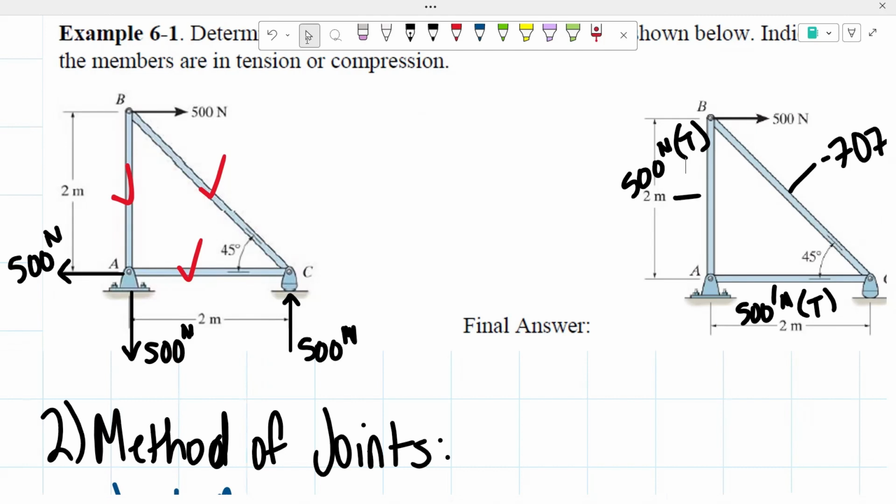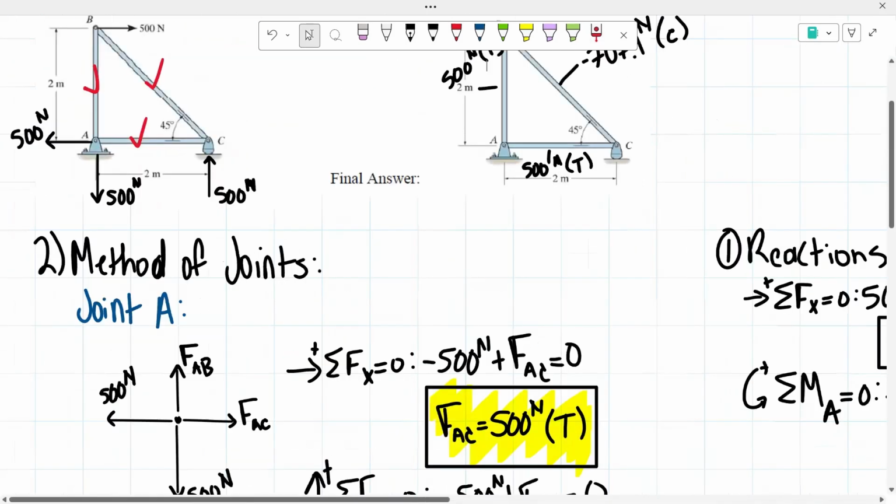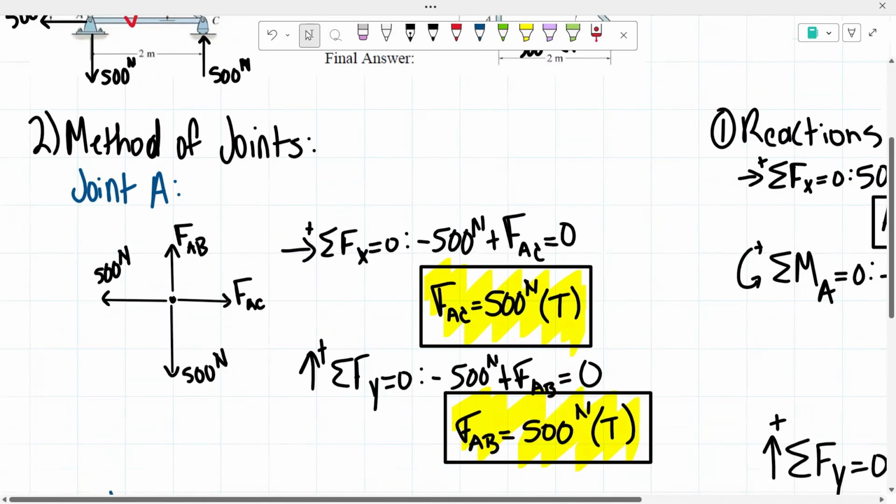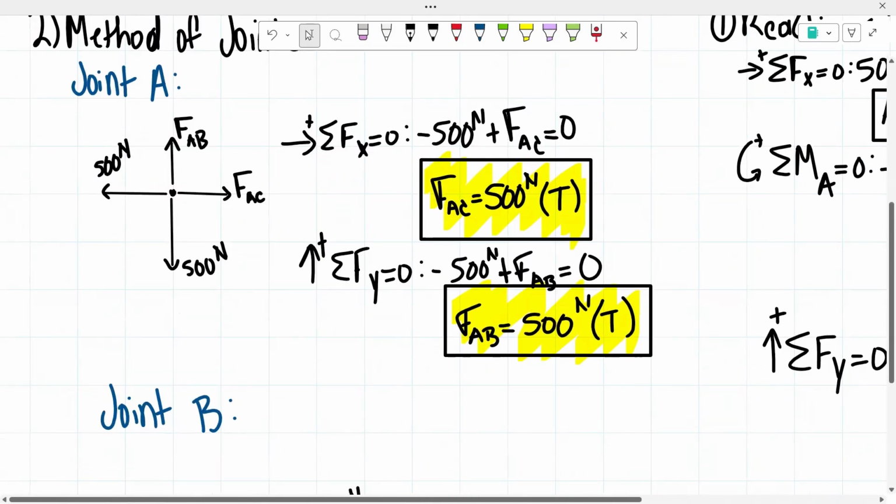Because since we did joint A first, we were able to determine 2 forces while using one joint. That's why I started with joint A. It's just preference. Just remember, you can't have more than 2 unknown forces. And then from there, you just go determining the forces of each of the members of the truss. And remember, positive number, tension. Negative number, it's in compression.